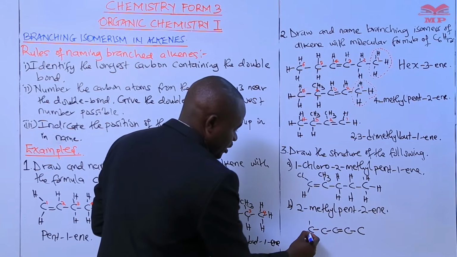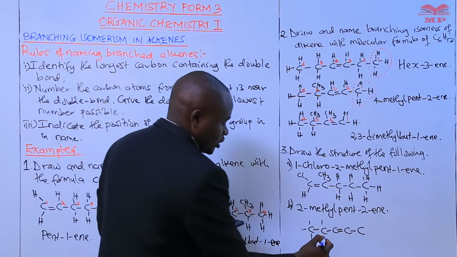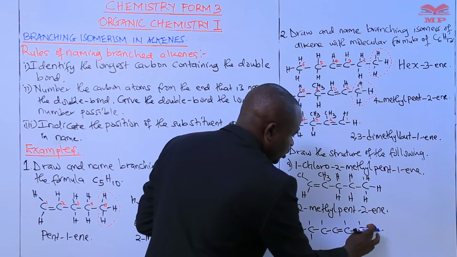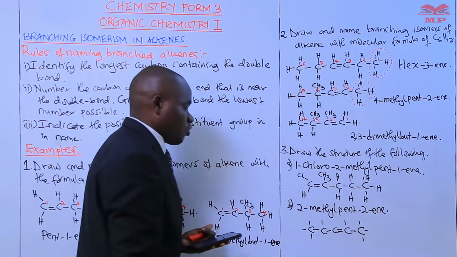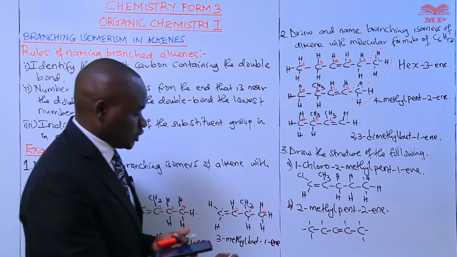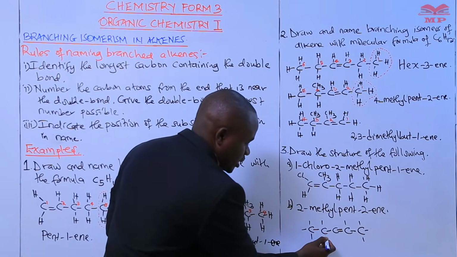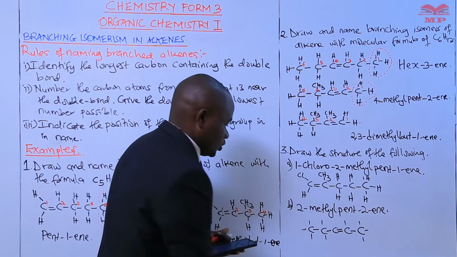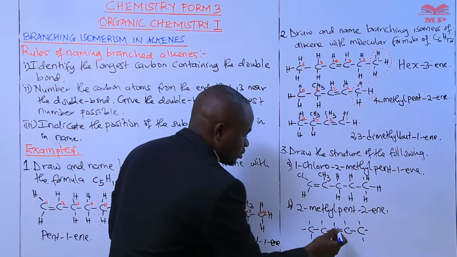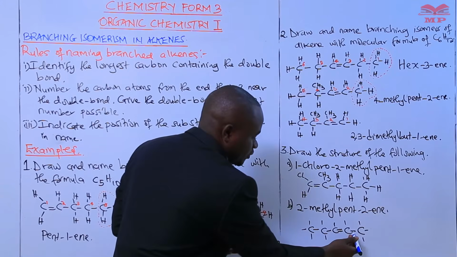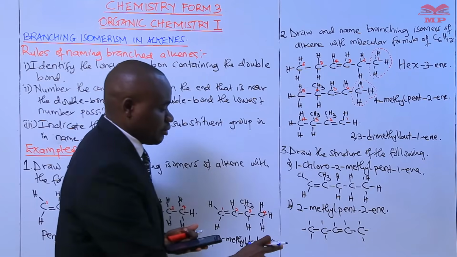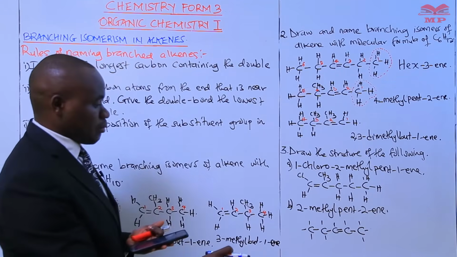And then remember, when you're drawing that structure, always ensure that each carbon atom has a total of 4 covalent bonds. That's what we have done there. What is now left is, of course, the second carbon has 3, so we are adding one more. The third one has 3, so we are adding one more, like that. This one has 4 bonds. After which you now indicate the methyl, and the methyl is on carbon number 2.